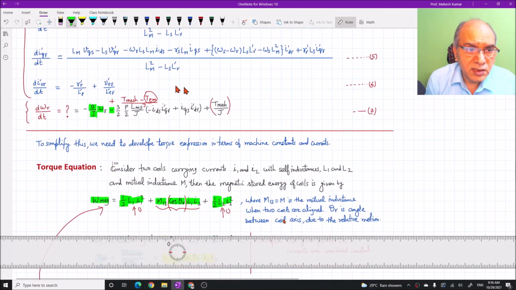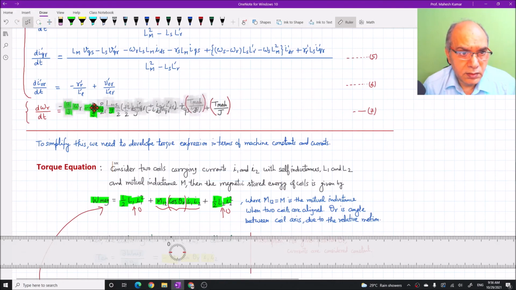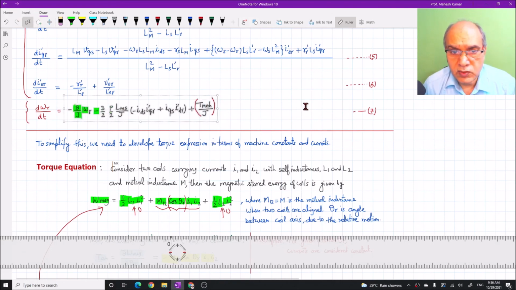So this equation is the same that we have developed just now. So I'll remove this question mark and bring it here so that it is more complete. So this is the 7th equation.